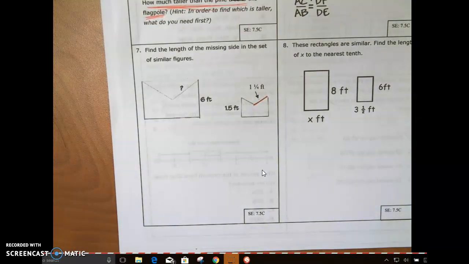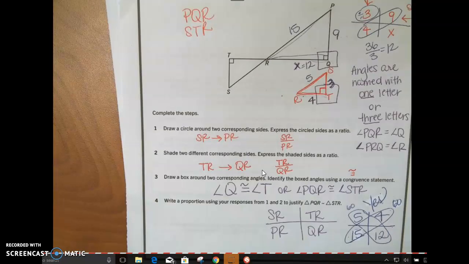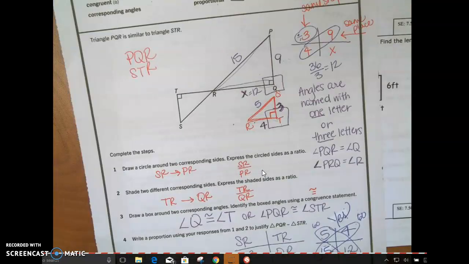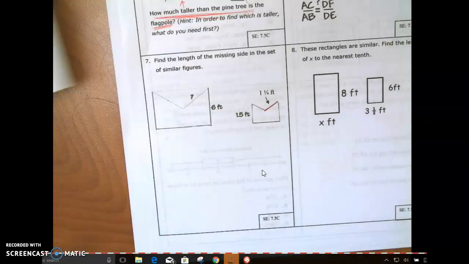How am I finding the other side? What did we do in these notes? Okay, you need to look at these notes for help.